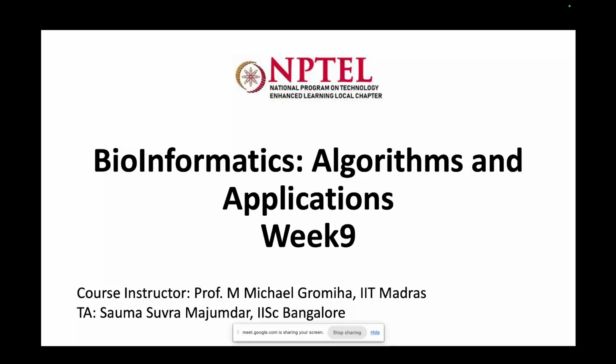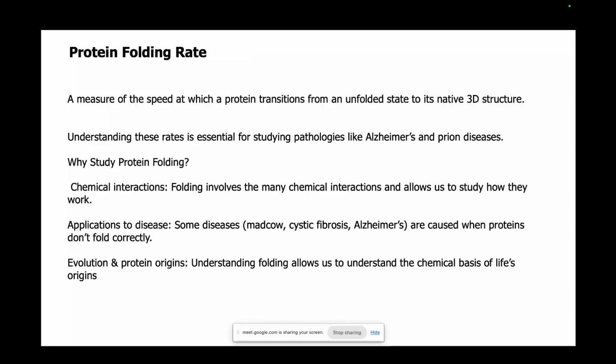We're also going to touch a little bit on CAD, computer assisted drug designing. I'm not going to show any demos in this session, but I'm going to discuss the overall concepts. Okay, so let's get started.